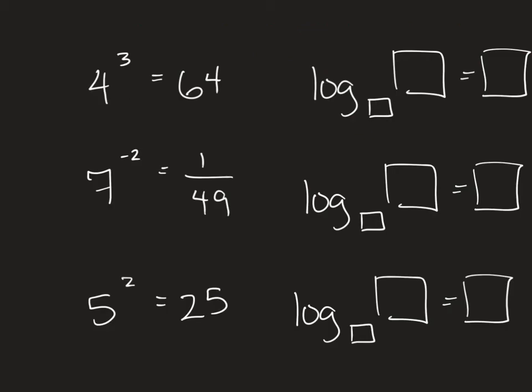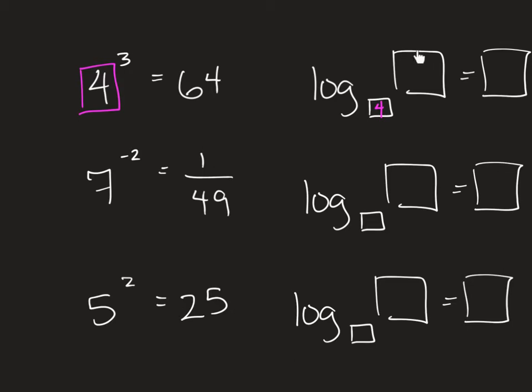We're going to turn these exponential equations into logs. And the way that we're going to do that is, the first thing we're just going to look at, and let's just look at this one to begin with, is 4 to the third power, 3 factors of 4 is the same as 64. What we're going to do is we're just going to say, okay, what's the base here? Well, here's where the exponent is. The base happens to be a 4, so this 4 right here is going to end up as the base of my log equation.